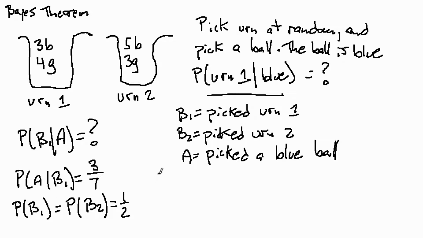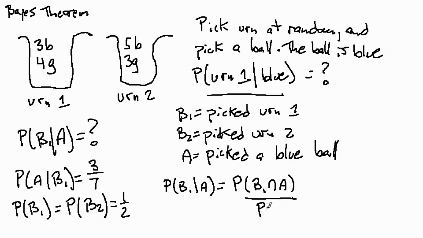Okay, so we know these quantities right over here. So let's start thinking about this a little bit more. Well, the probability of B1 given A, that's equal to the probability of B1 intersection A over the probability of A. And I look at this and I go, this might be something that I could use here.